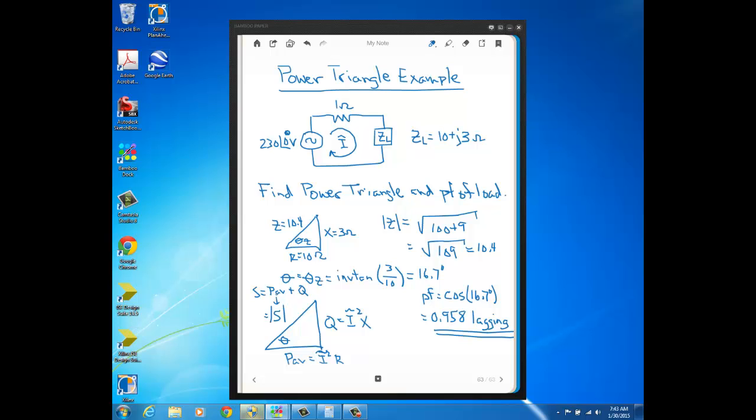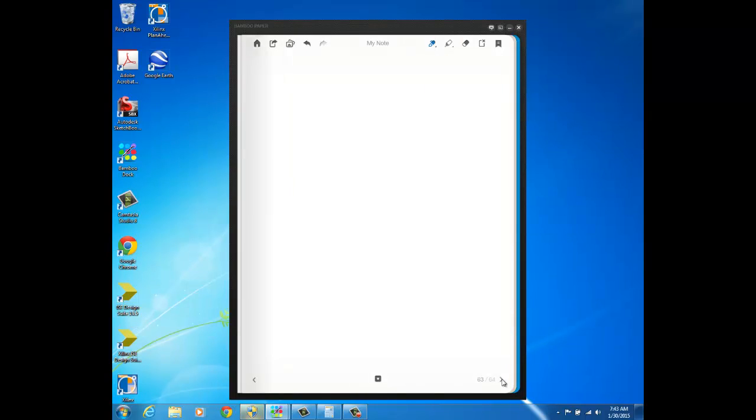So we can find the magnitude of this complex number, S being complex power, and that will be our apparent power. So let's go ahead and calculate these power triangle values.